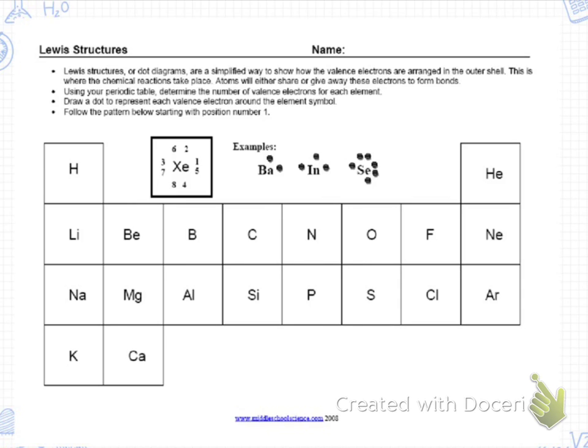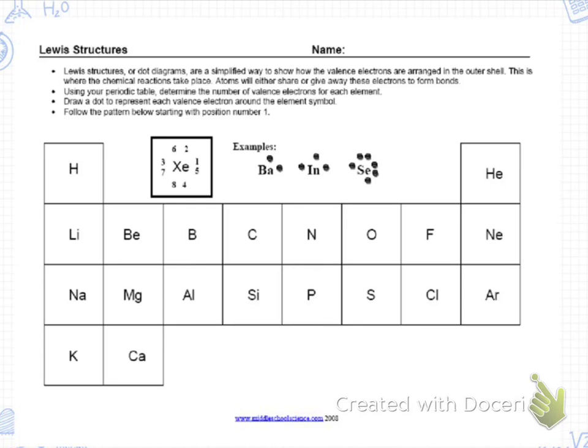Okay, so let's look at reminding ourselves how we can find valence electrons. Okay, so hydrogen's in group 1, and it's actually the smallest element, so of course it must have just 1 valence electron.